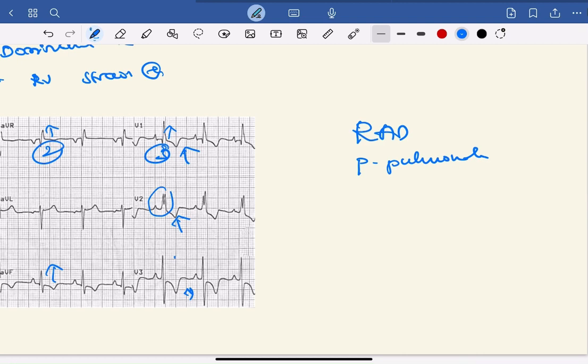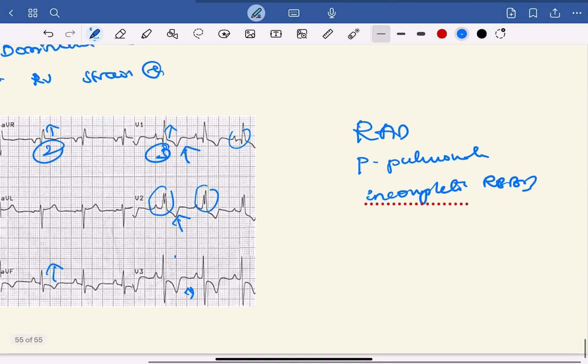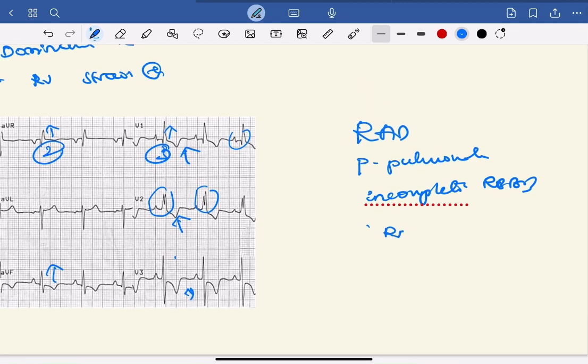There is kind of right bundle branch pattern. So that is incomplete RBBB, and there is RV strain, that is ST depression and T wave inversion in leads V1 to V4. So this ECG is suggestive of cor pulmonale.